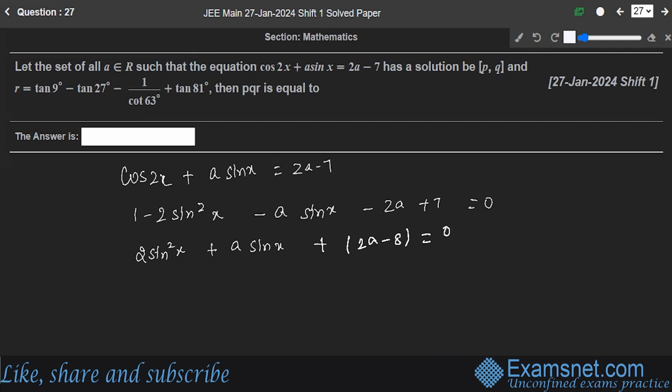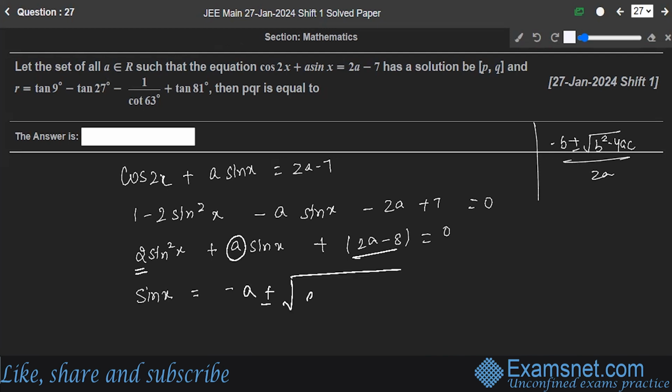Now, this is a quadratic equation in sine x. So let's find out the roots. Sine x is given by minus b plus minus root of b square minus 4ac upon 2a. So this is your a, this is your b, and this is your c. This will be given by minus a plus minus root of a square minus 4 into 2 into 2a minus 8, I have taken 2 common from here, divided by 2a, which is 2 into 2.